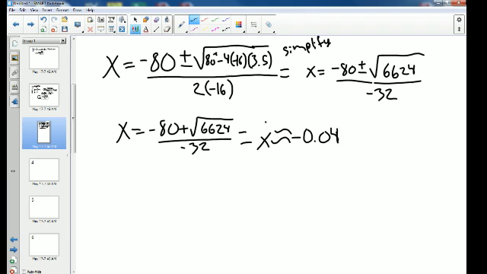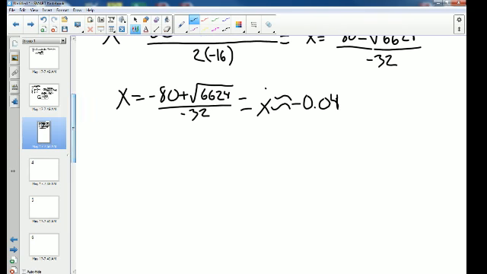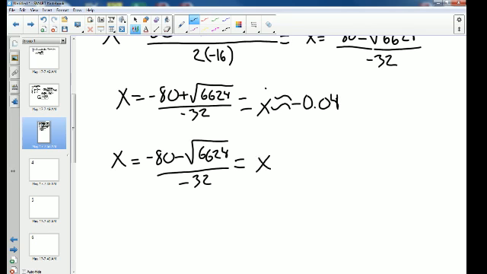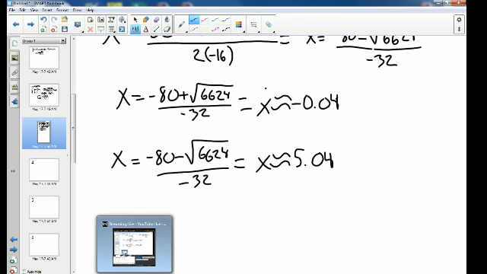And your other equation is the scenario in which it is subtracting, giving x equals negative 80 minus the square root of 6,624, all over negative 32, which equals. And that is how you use the quadratic formula.